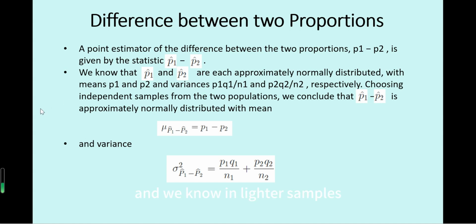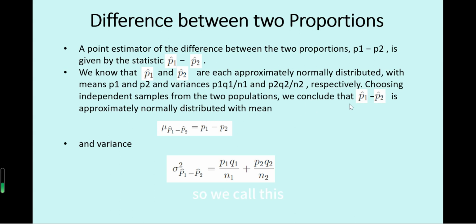And we know in large samples, P1 hat and P2 hat both have approximately normal distributions, with means P1 and P2 and variances P1Q1 divided by N1 and P2Q2 divided by N2.